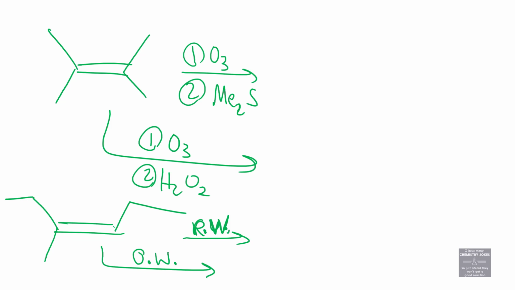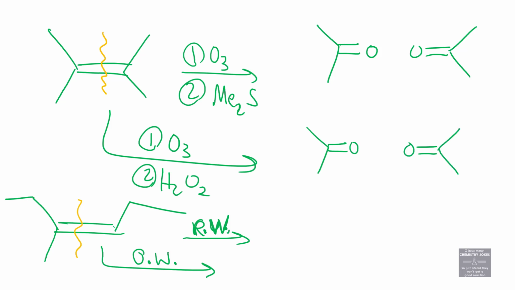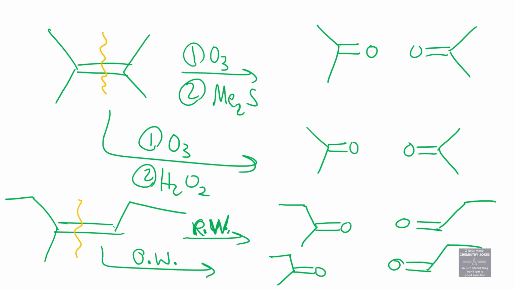Okay. I'm going to start by chopping my alkene in half. Chop. I'm going to squeeze 2 oxygens where I cut my alkene. Actually, that left half is the exact same as the example we just went through. Then I go back and analyze.